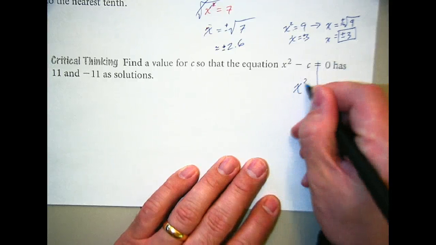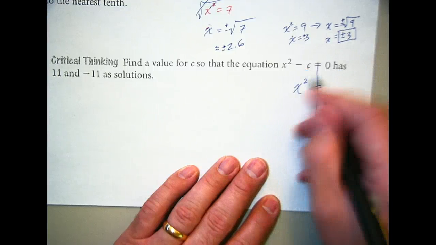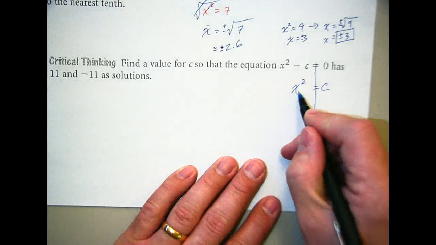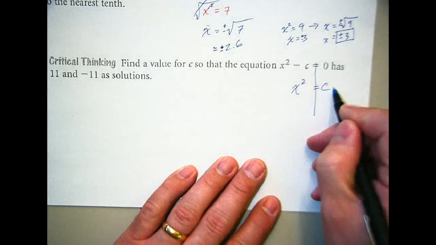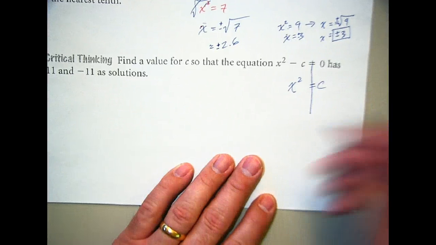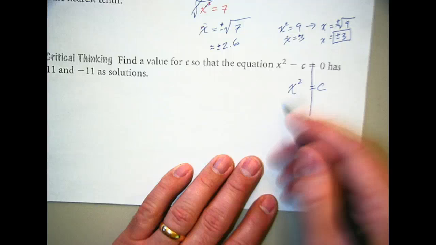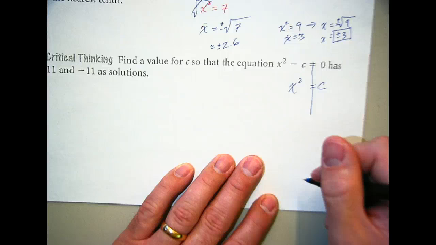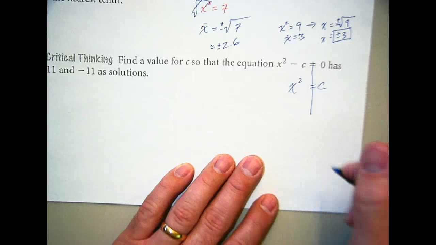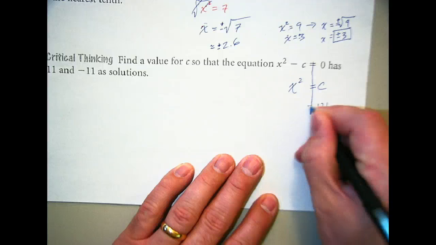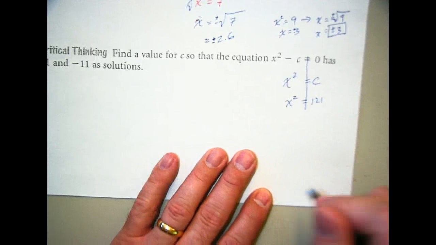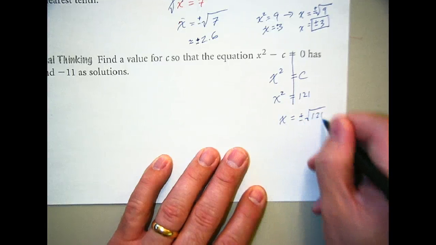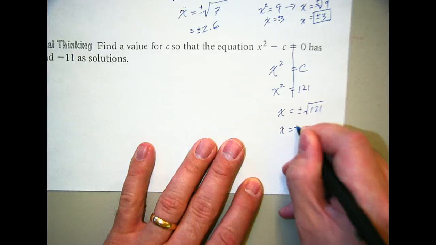So I'd have x squared equals, what am I adding to both sides right now? C. X squared equals C. So in other words, what squared will make positive negative 11? When you're squaring positive negative 11, what do you get? 121. X squared is equal to 121, so when I take the root of that, plus minus root 121, which is plus minus 11.